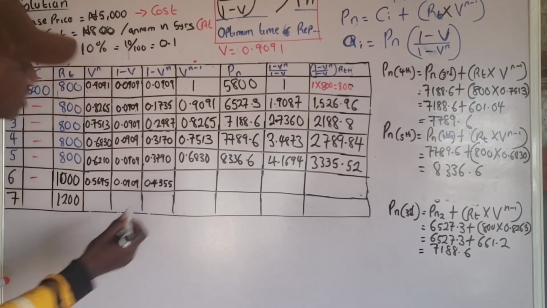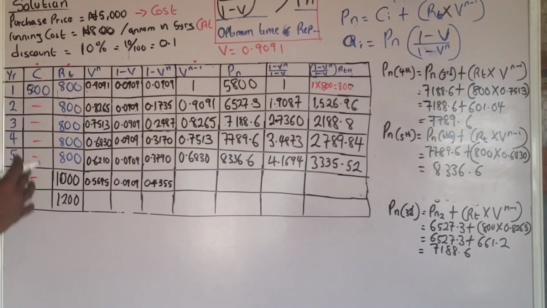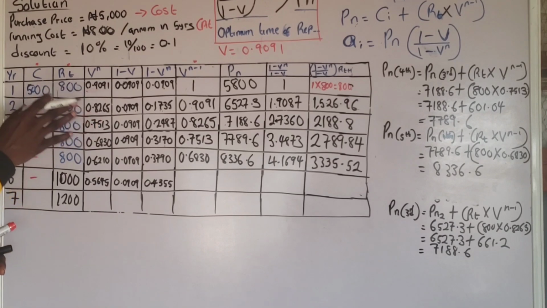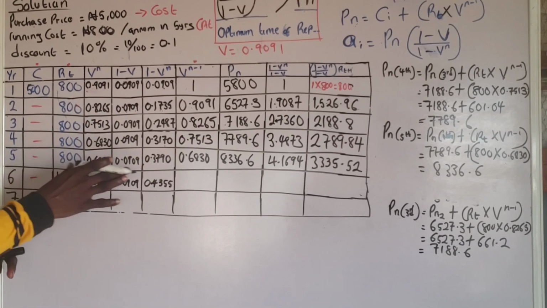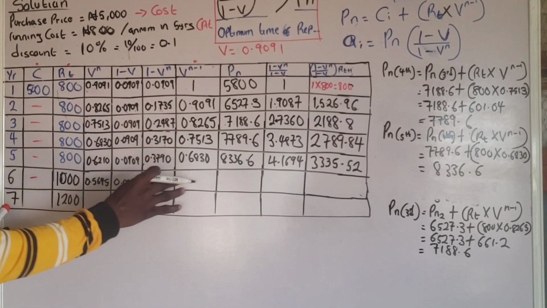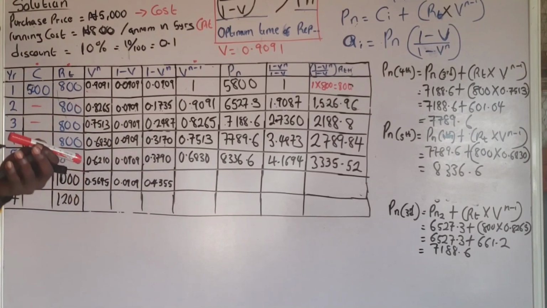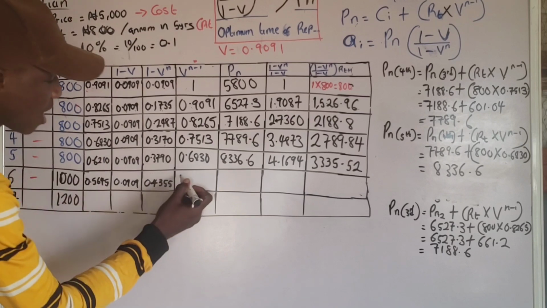See, what I'm doing is exactly what I did for the previous year. So, if you want to get the value of V raised to the power of N minus 1, that will be V raised to the power of 6 minus 1, and 6 minus 1 is 5. So I'm going to have V raised to the power of 5, and V raised to the power of 5 is 0.6210.